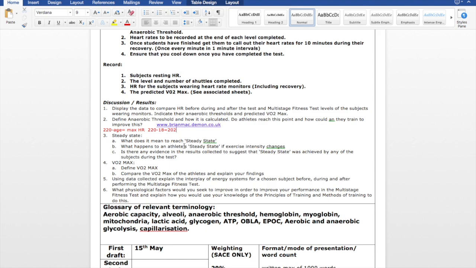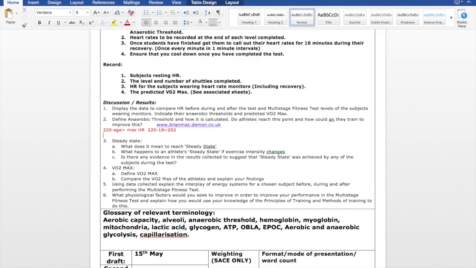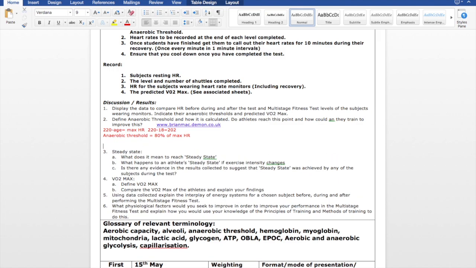We utilise this 202 now to work out this anaerobic threshold. So part of the definition that you'll have had is that anaerobic threshold is about 80% of your max heart rate. Okay, so I'll just make a note of that. Anaerobic threshold equals 80% of max heart rate. Okay, so to calculate it, how do we actually work that out?